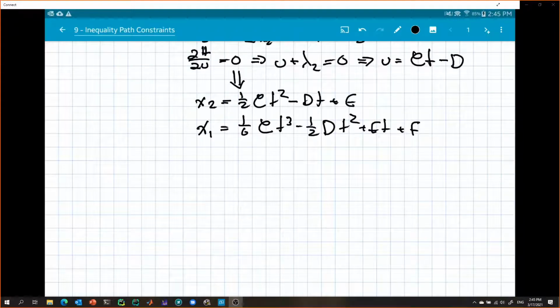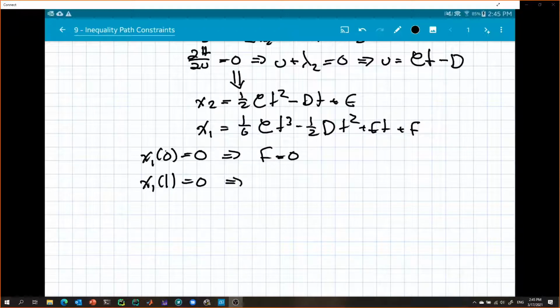So to find our constants, at time equal to 0, x1 is 0, that means that f is equal to 0. x1 at time 1 is equal to 0, so therefore 1/6 c minus 1/2 d plus e is equal to 0.